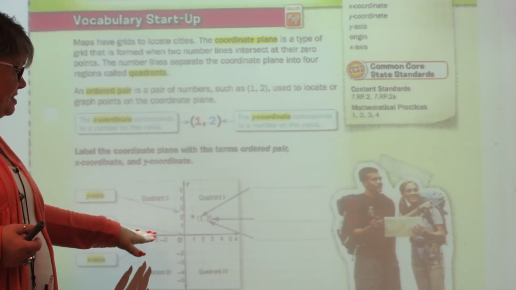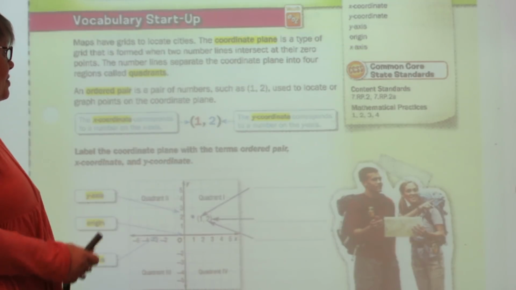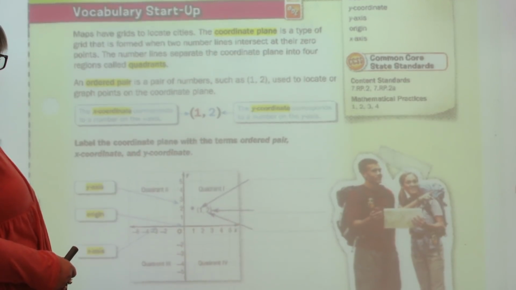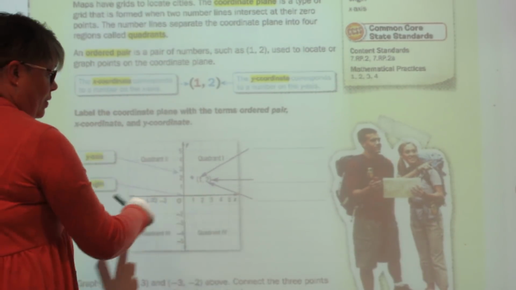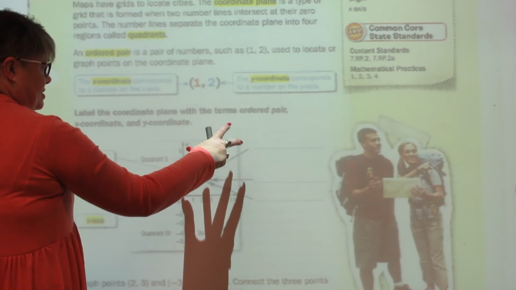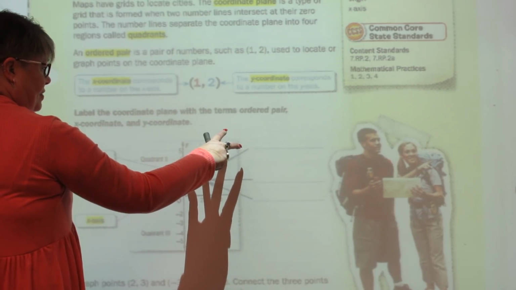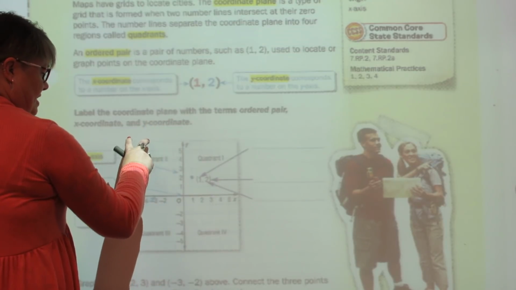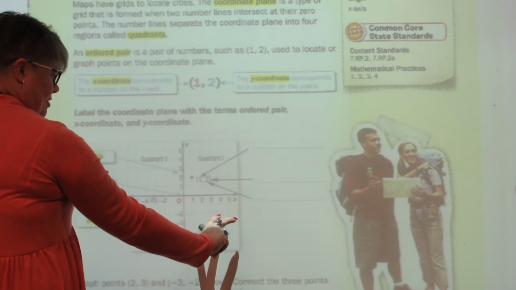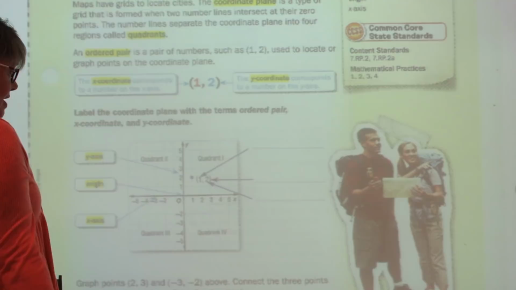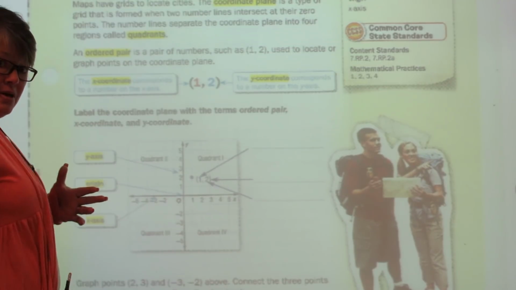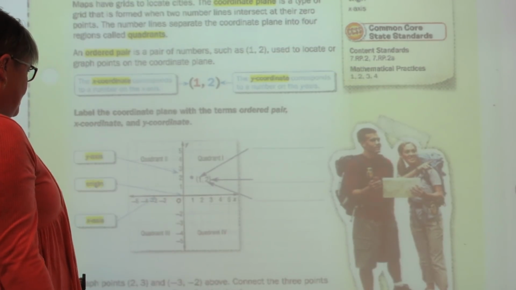A set of axes on a flat surface is called the coordinate plane. And it's chopped up into 4 quadrants. The first is always up here, and then it rotates counterclockwise, going 2nd quadrant, 3rd, and 4th. So you want to make sure you label those. Maybe stop the video and put them in your dictionary.